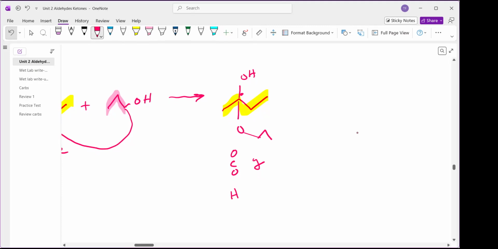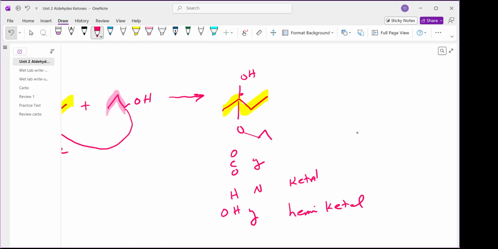H present, no. OH present, yes. So this is a, with no H's attached to the anomeric carbon, that means it's some kind of ketal. If OH is there, that means it's a hemiketal. So the first step is always a hemi something.